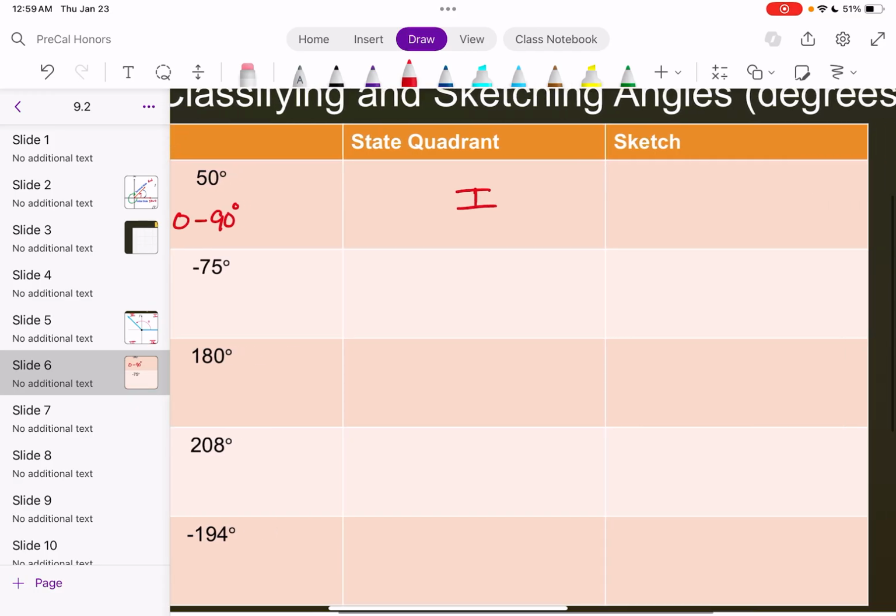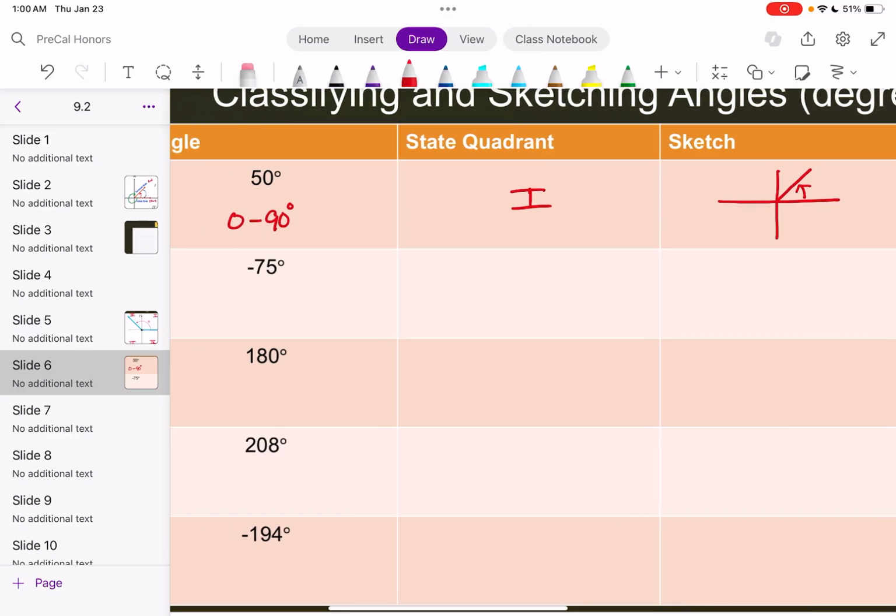As we sketch this out, we draw our two axes, our x and y. 50 would be just about there. And remember, as we're drawing, we want to make sure that we have the arrow showing the proper direction and where that initial line is and where our terminal line is.